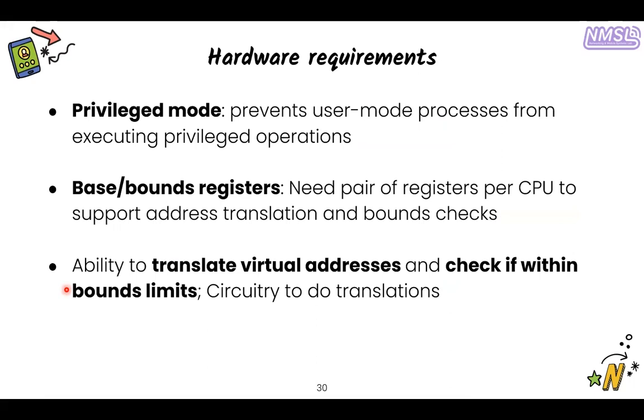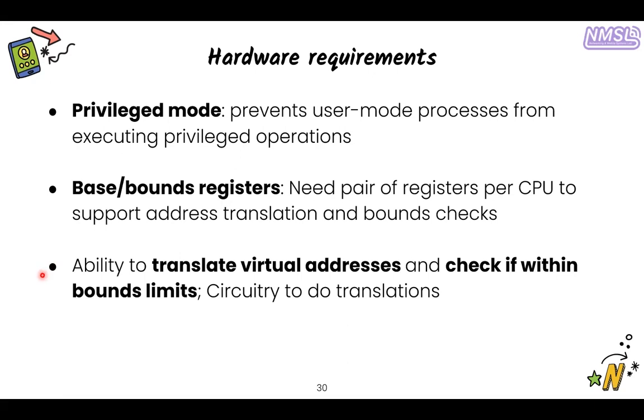There are a few more hardware requirements for this dynamic translation. One, just like in the CPU, there's a privilege mode. This prevents a user mode process from executing privileged operations. And as we looked at, we need base and bounds registers. You need a pair of registers per CPU to support address translation and bound checks.